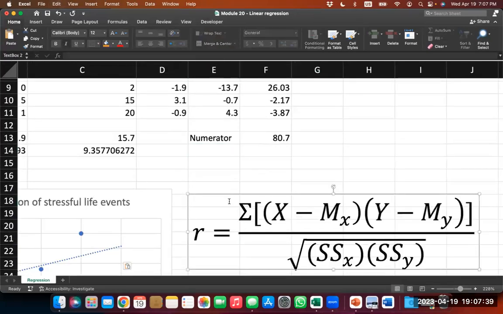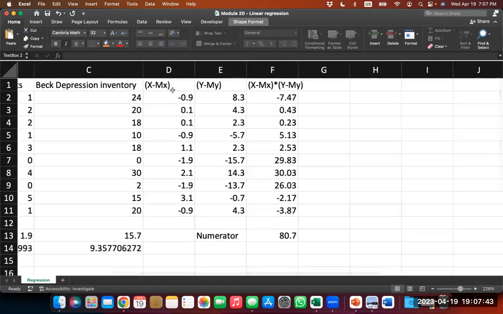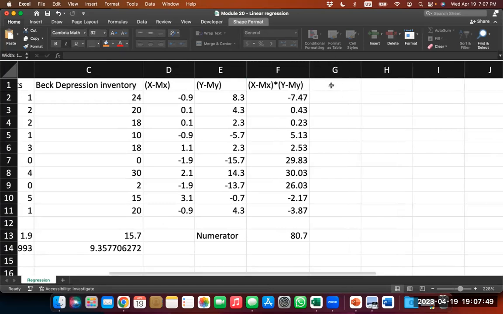So this is where we're going with this calculation, right? We're basically x minus mx, y minus my, product of these two differences. Now we're calculating, secondly, our denominator. For that, we need a sum of squares. So this is this and this squared.